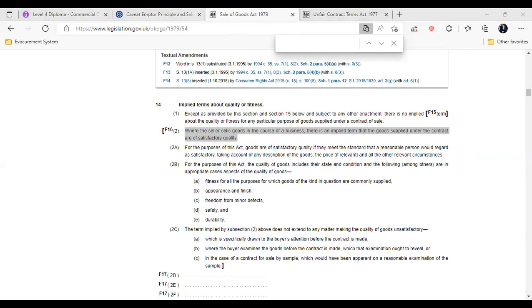Let's come back to our lesson. The caveat emptor principle is still applicable in very few scenarios, like between consumer and consumer, not between business and business.